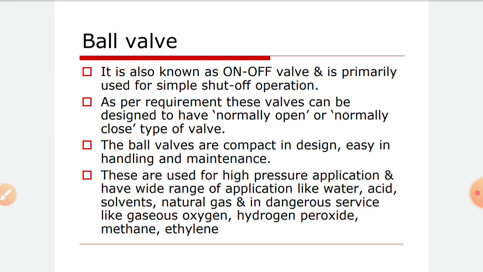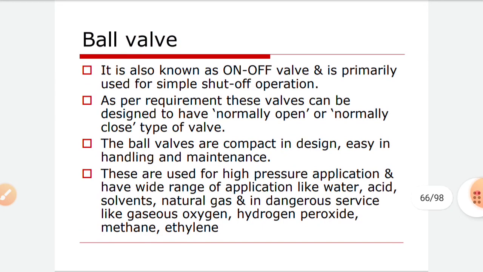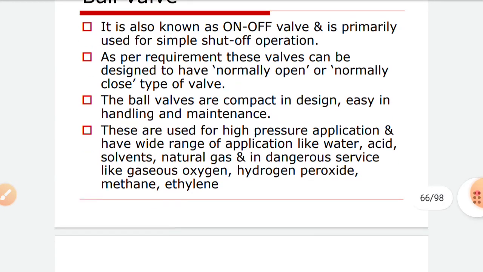These are used for high pressure applications and have a wide range of applications like water, acid, solvents, natural gas, and in dangerous service like gaseous oxygen, hydrogen peroxide, methane, ethylene. So this is information regarding ball type valve.